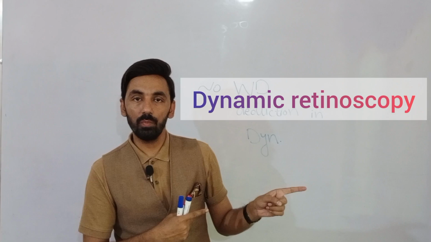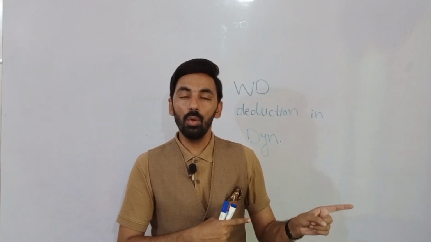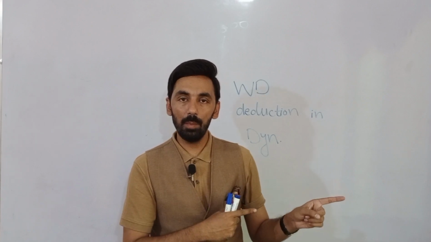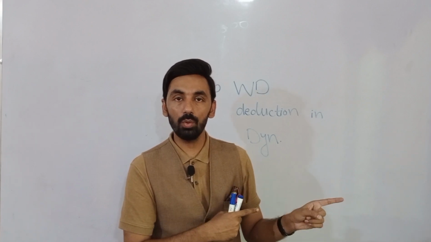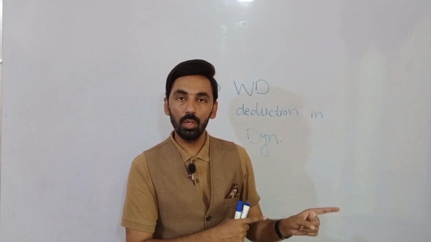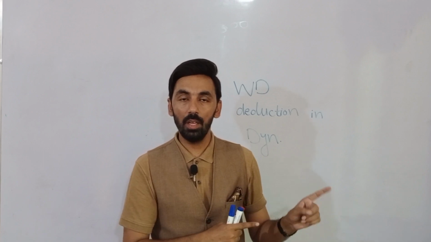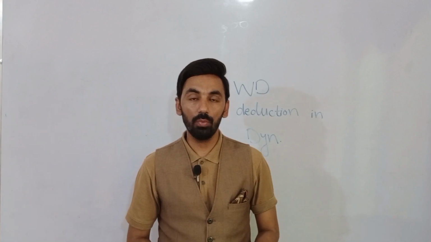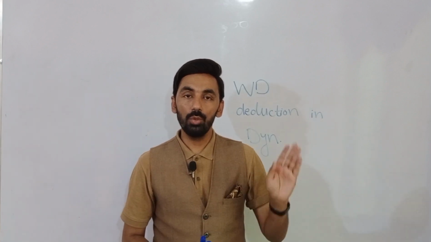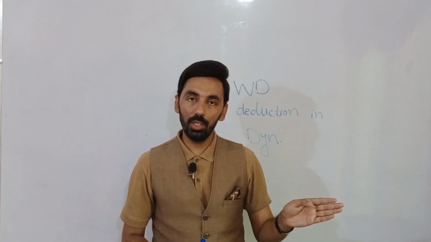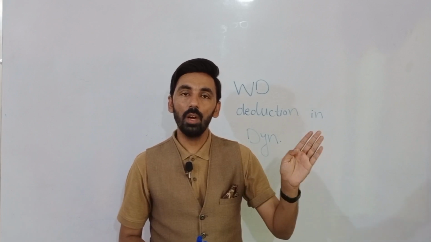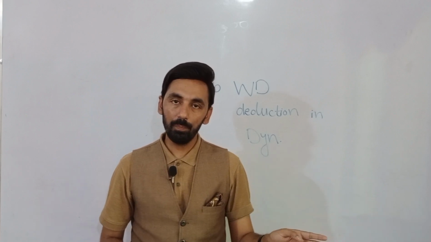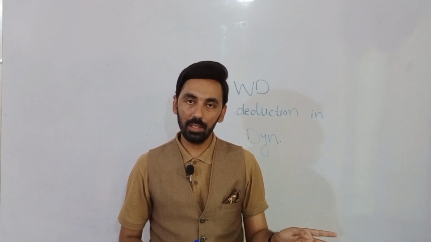But in dynamic retinoscopy, it is not used to find the refractive errors. As we have discussed in the indications, it is used to find lag of accommodation, lead of accommodation, divergence problems, accommodation problems, near blur, near asthenopia, near diplopia, near headache.